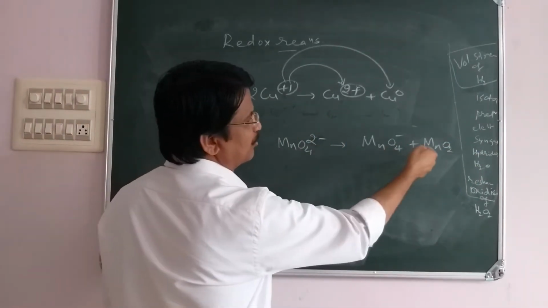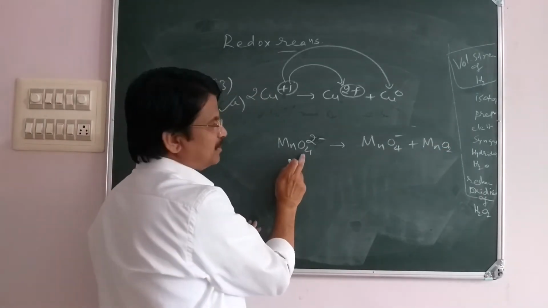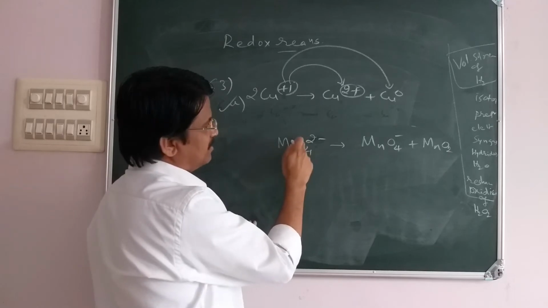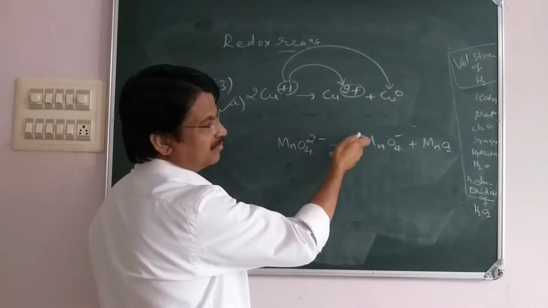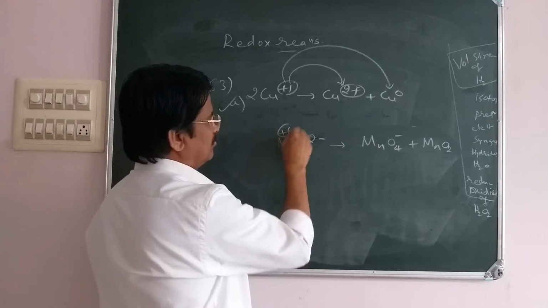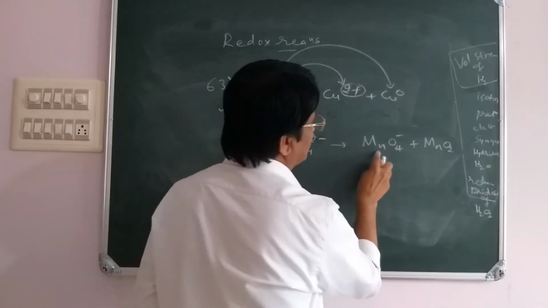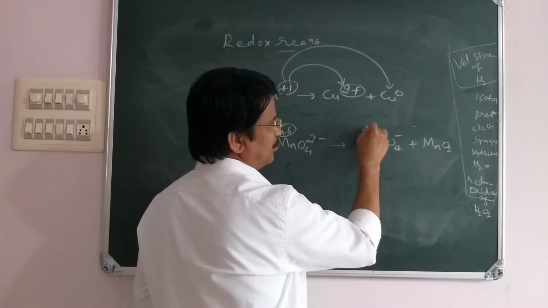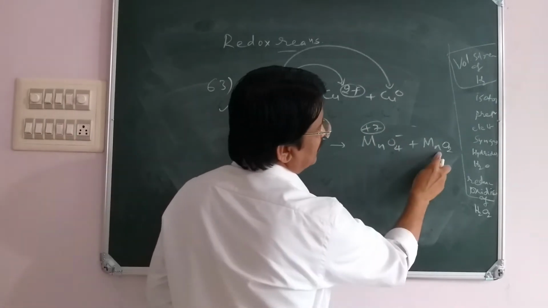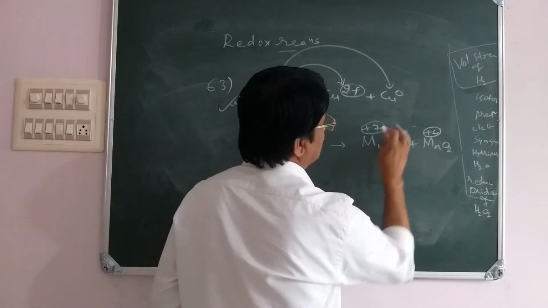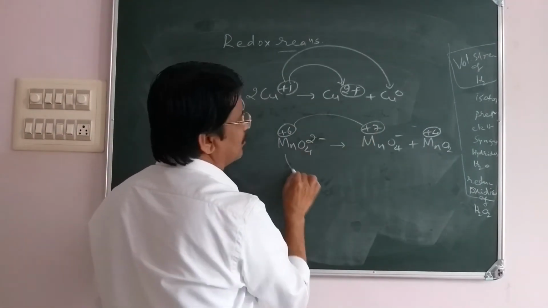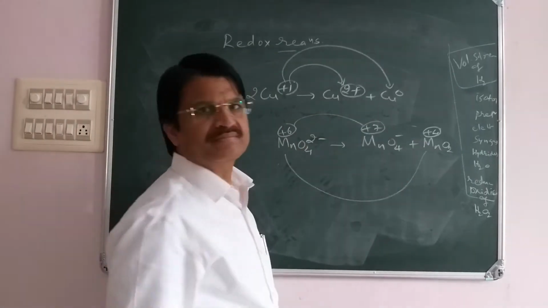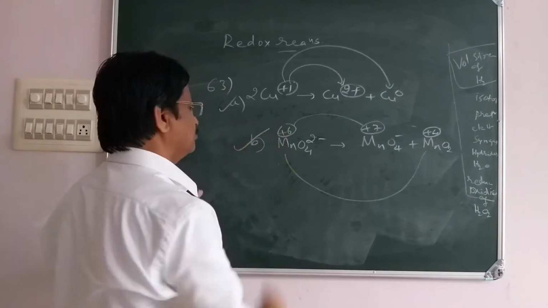In this species, 4 into minus 2 is minus 8, so this side plus 8 minus 2 is plus 6. In MnO4 minus, 4 into minus 2 is minus 8, equal to minus 1, therefore plus 7. And MnO2 is plus 4. So plus 6 to plus 7 is an increase, and plus 6 to plus 4 is a decrease. Means B also is correct.